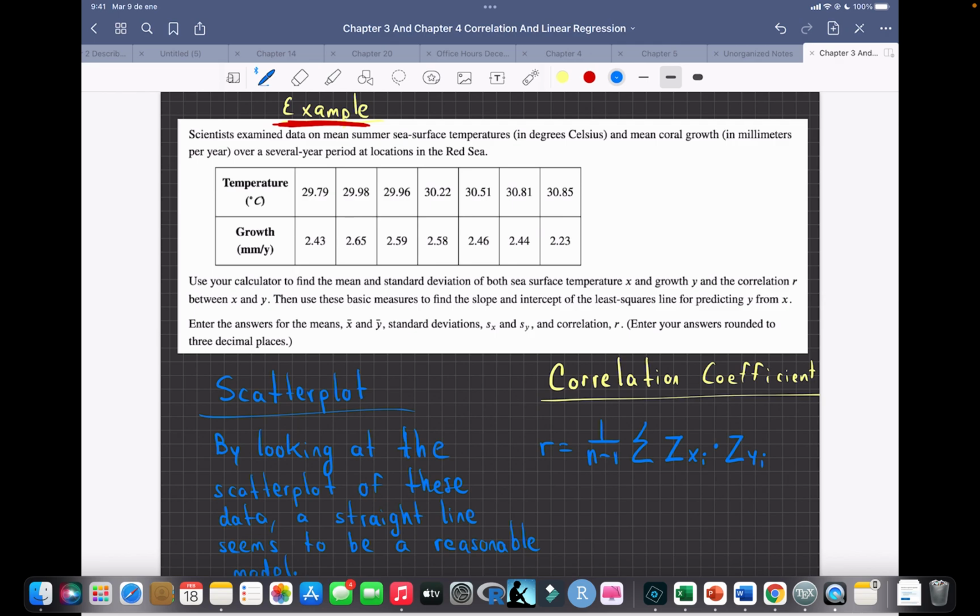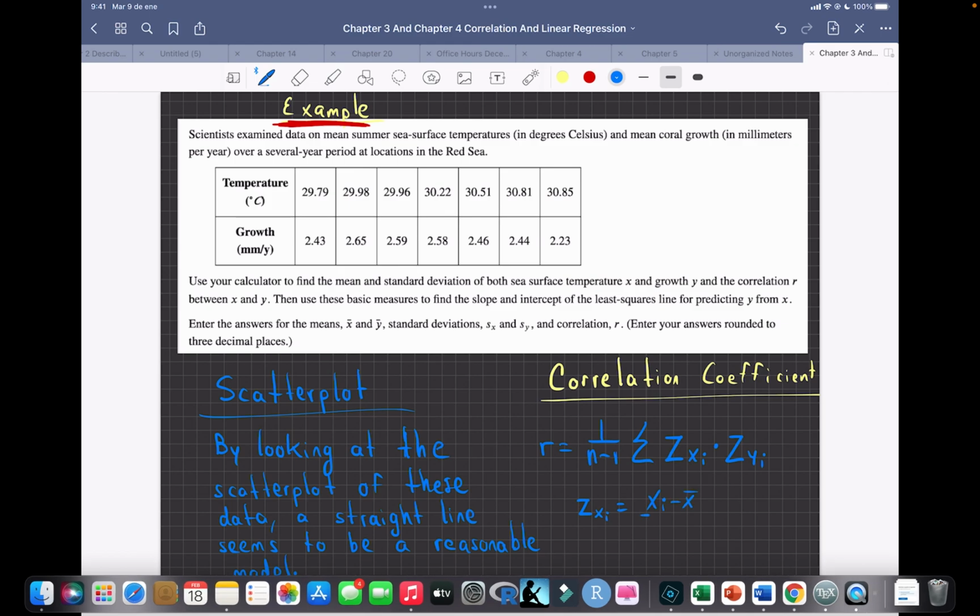The other concept: Cxi is equal to each X value minus the mean divided by the standard deviation.